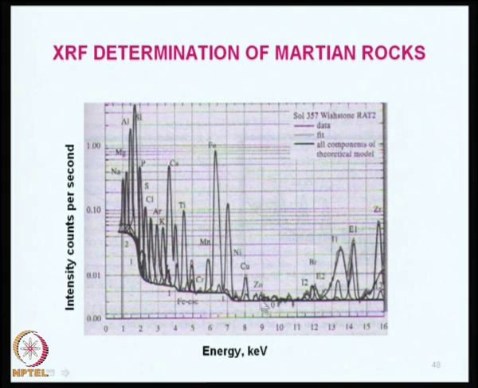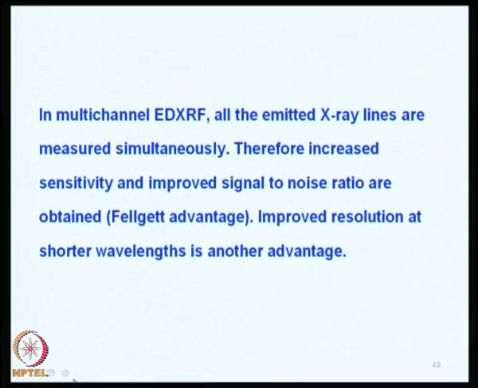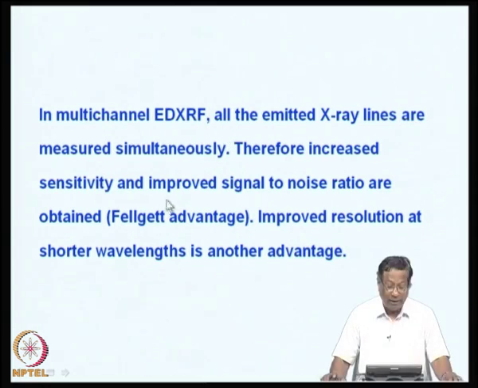You can see that in a single analysis sodium, magnesium, aluminum, silicon, phosphorus, sulfur, chlorine, argon, potassium, titanium, calcium, manganese, iron, nickel, copper, zinc, approximately 24 elements, have been determined in the Martian rocks. In multi-channel X-ray, all emitted X-ray lines are measured simultaneously.